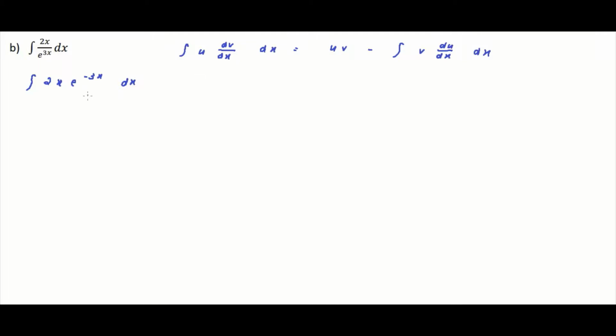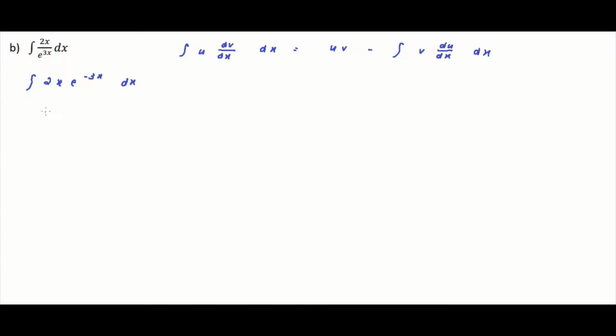If you exchange these two parts and put this as u and this as dv/dx, you will realize that after you substitute, you can't integrate this part. So you can always try that out so that you can understand it better.